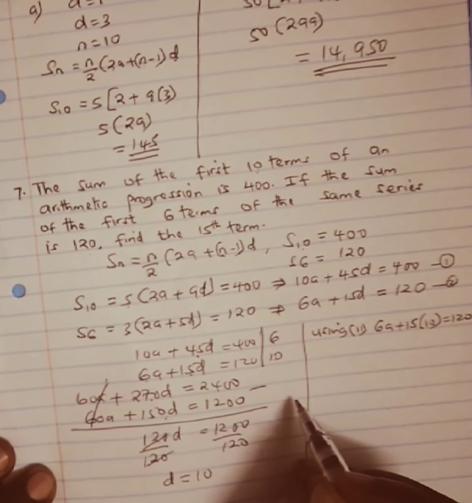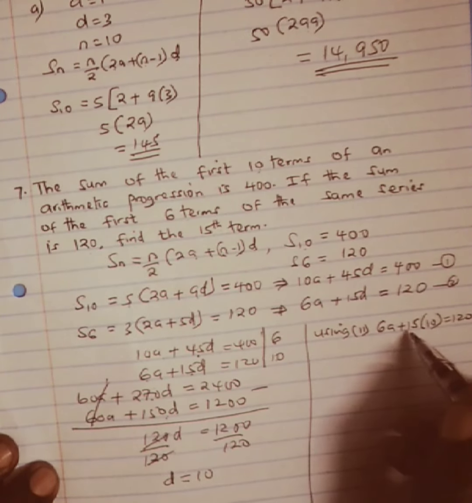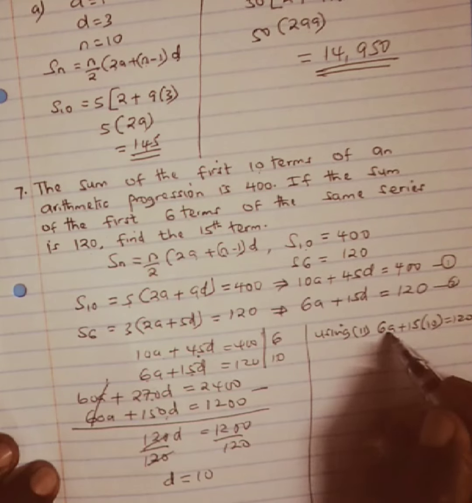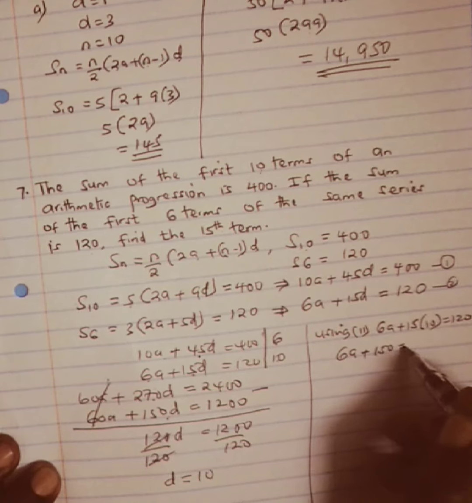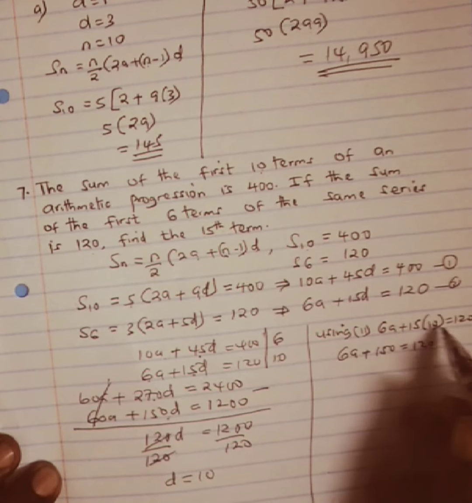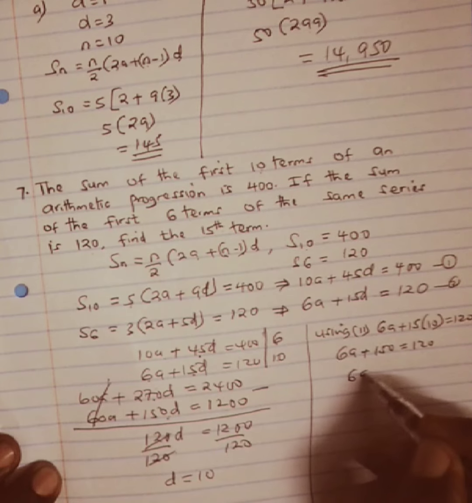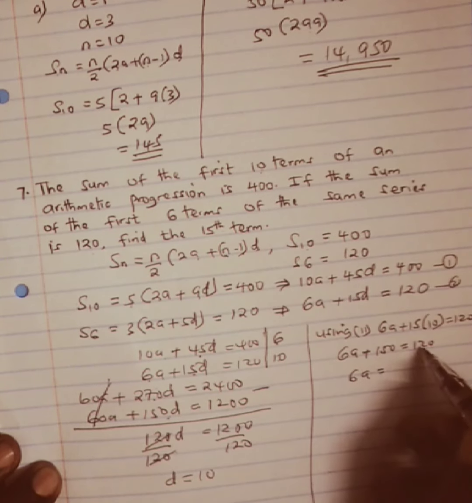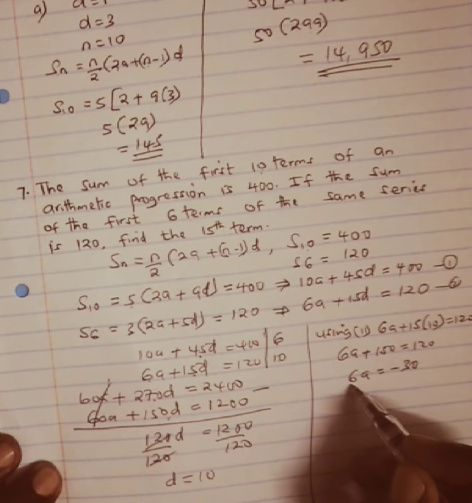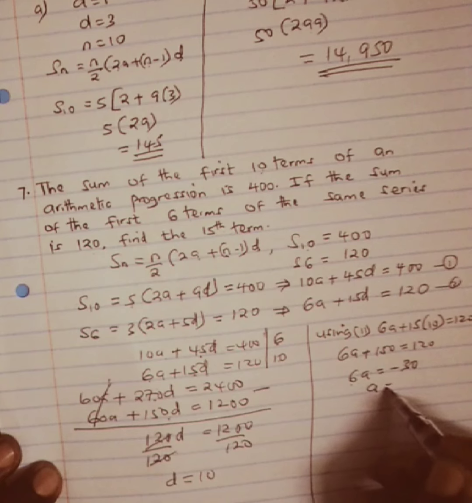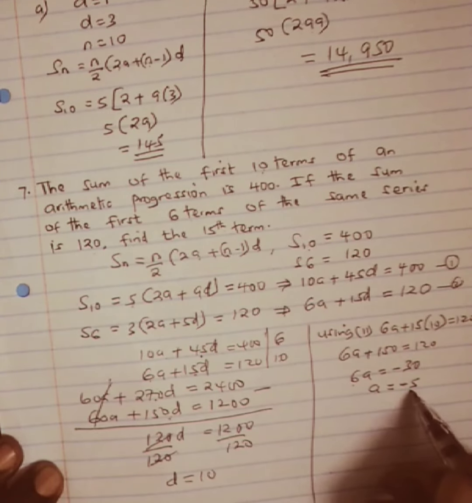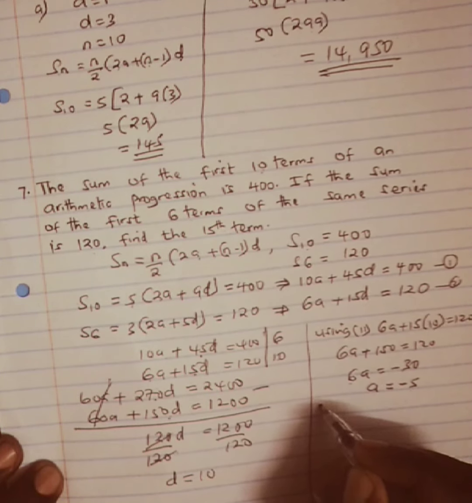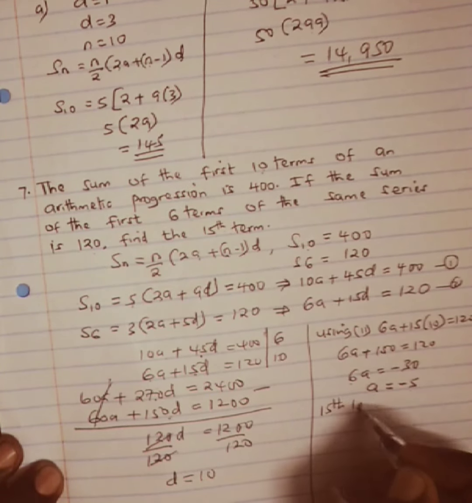Having done that, now we can move and say we have 6a plus 150 being equal to 120. If we take 150 to the other side, 6a is going to be equal to 120 minus 150, giving us negative 30. So if you divide by 6 on both sides, the value of a is going to be equal to negative 5. Since we have the first term and the common difference, we can now get the 15th term.